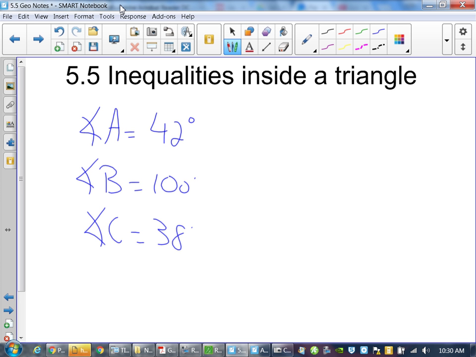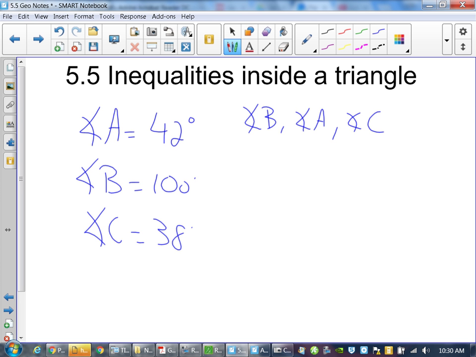Angle B. And why is angle B the largest? The biggest number. Pretty simple, isn't it? So if I put these in order from largest to smallest, it would go angle B, angle A, and then angle C. If I put it smallest to largest, it would just be the opposite order.